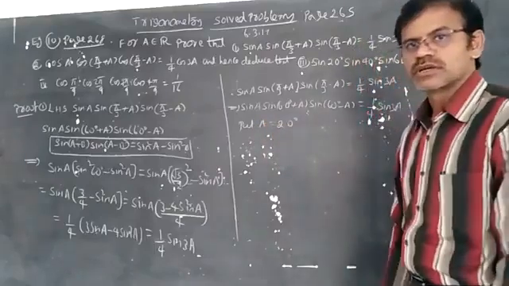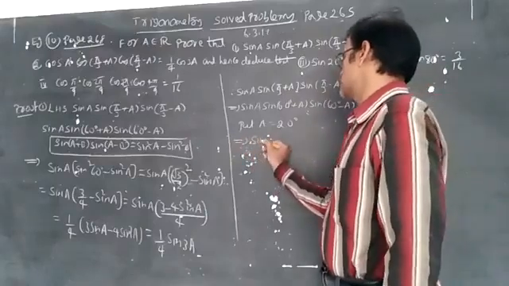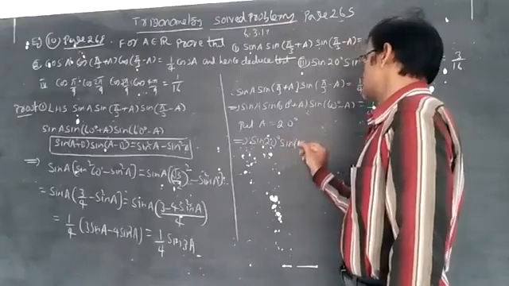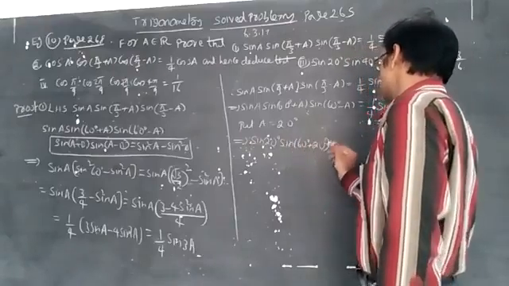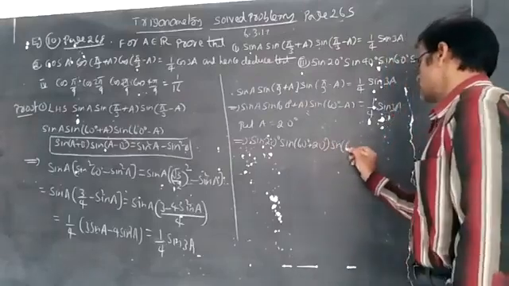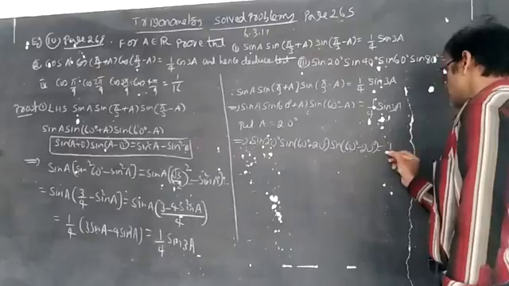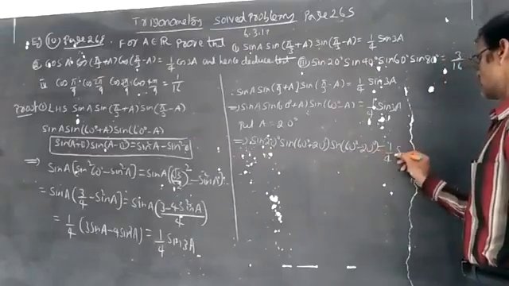That implies sin 20 degrees into sin of 60 plus 20 degrees into sin of 60 degrees minus 20 degrees is equal to 1 by 4 sin of 3 into 20 degrees.